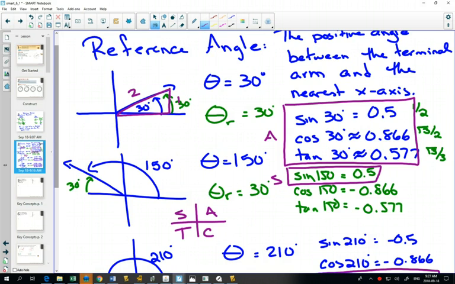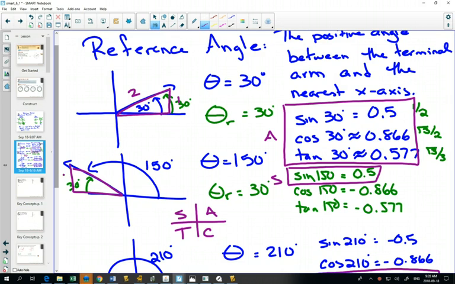But when I go to the angle in quadrant 2, and I want to draw a right angle triangle, where does my right angle triangle appear? Over here. It's the same triangle. Bigger or smaller, of course, could be. But there's still a 30 degree here, which makes the same triangle, which means that this side to this side, the ratio has to stay a half.